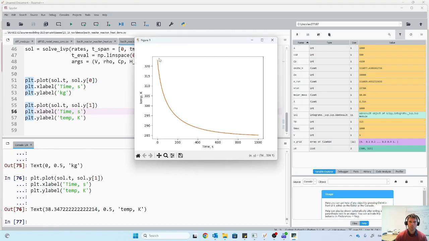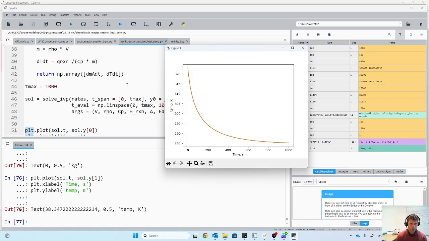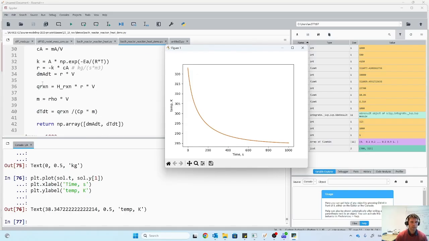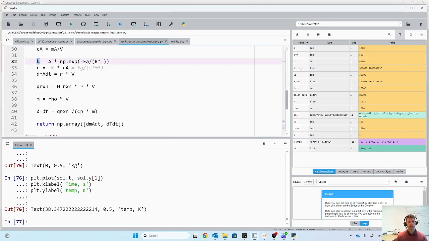So we see that the temperature also drops over time. That is because the reaction takes out heat of the system. It requires heat to run. That also means that the more this reaction occurs, the slower it goes because it takes out heat, which reduces the reaction rate because k depends on temperature.